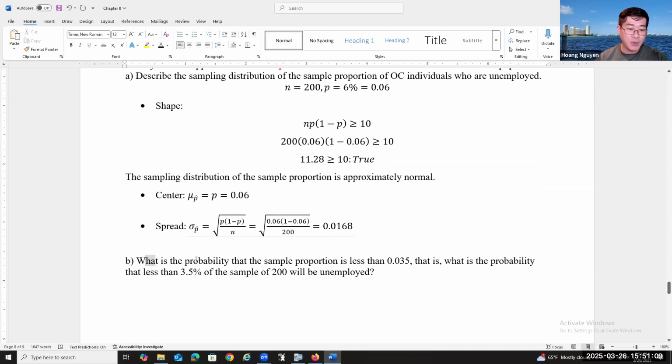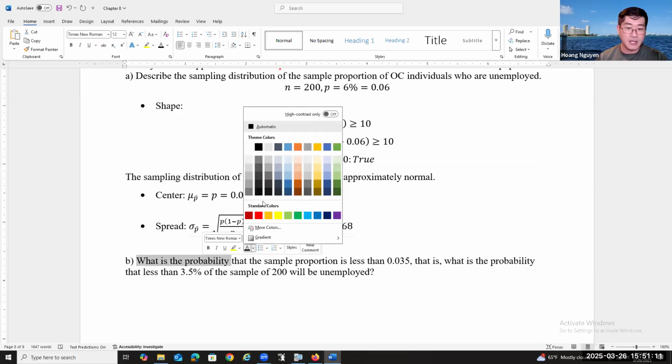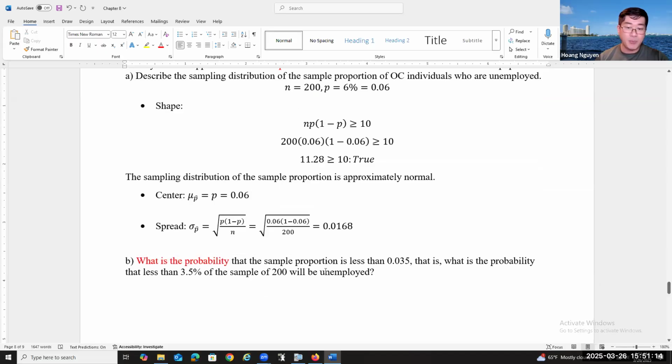So what is the probability that the sample proportion is less than 0.035? 0.035 is equivalent to 3.5%. So what is the probability that less than 3.5% of the sample of 200 will be unemployed? So this is going to be less than 3.5%, right? So we're going to use the less than notation.